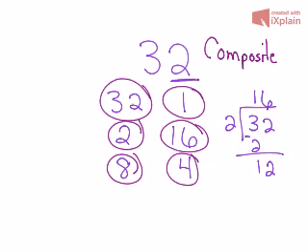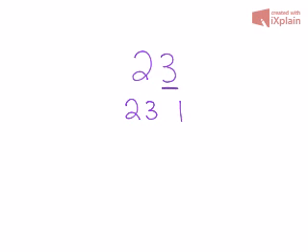Alright, let's look at another example. How about 23? Of course, we have 23 and 1. This is an odd number, so 2 will not work. If we wanted to check for 3, you can either skip count by your 3's or you could divide by 3.